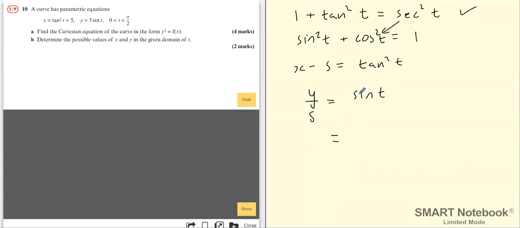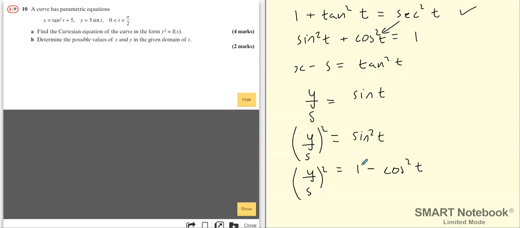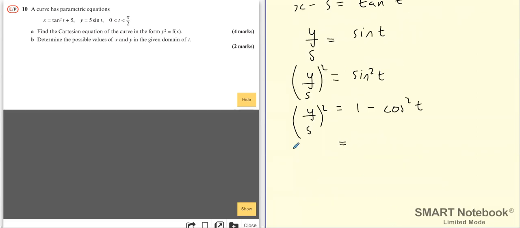And what we're doing here is that we are now going to square this and get sine squared t equals y over 5 all squared. But we also know that sine squared is the same as 1 minus cos squared t. So we've got y over 5 squared equals 1 minus cos squared t. And from this, we can make cos squared t the subject.